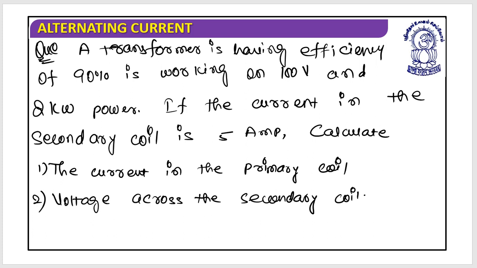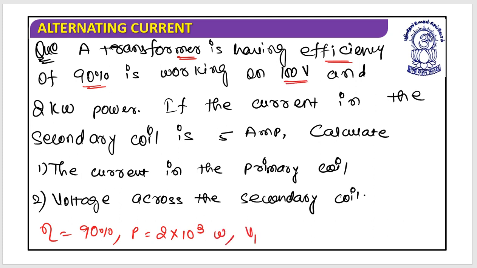So think about what all has been given. They have said a transformer is having an efficiency of 90 percent. It is working on 100 volt, and the power would be 2 kilowatt. It's P, which is equal to 2 into 10 to the power 3 watt, and it's working on 100 volt.